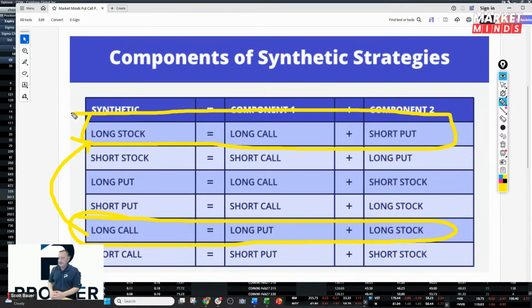Does everybody understand that? James, I would say stock is 100 delta, because every option is the equivalent to 100 shares of stock. So put it as 100.